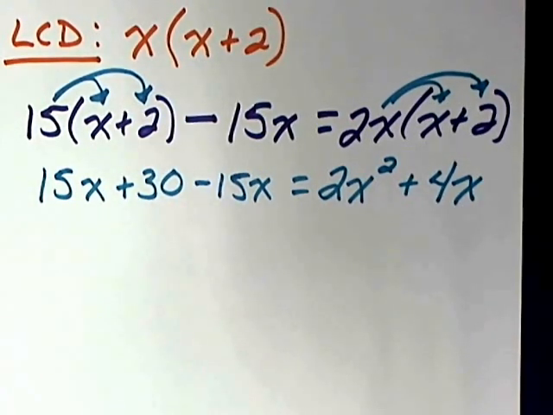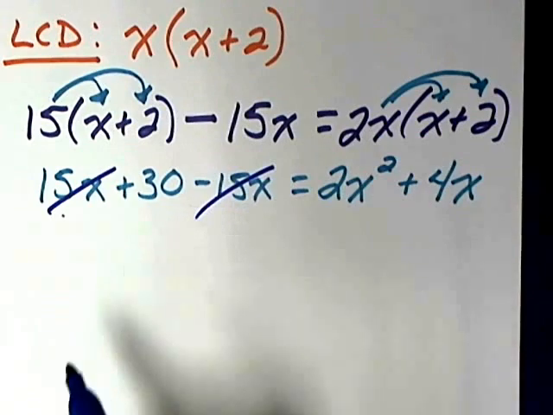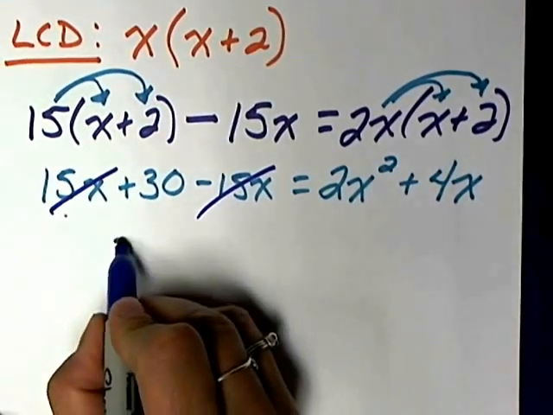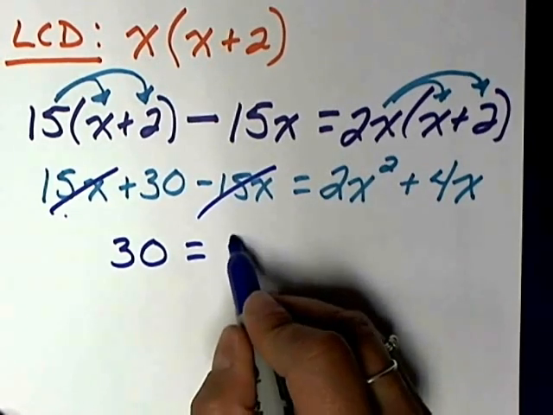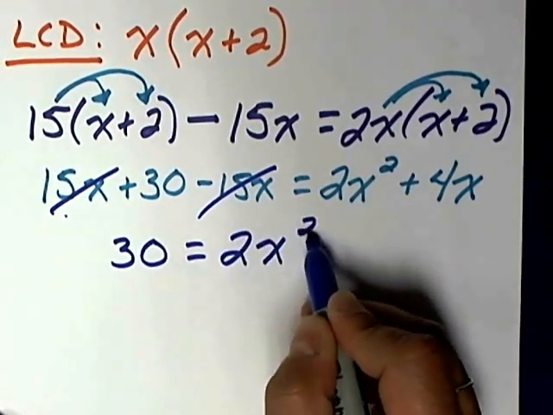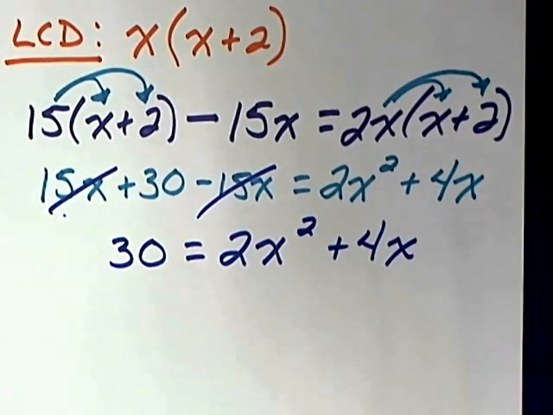I'm just gathering things together on my side of the tracks. 15x minus 15x, oh, that's 0! So I'm left with 30 on the left side. And on the right side, I'm left with 2x squared plus 4x. Oh no. X squared, I can't combine that with an x.